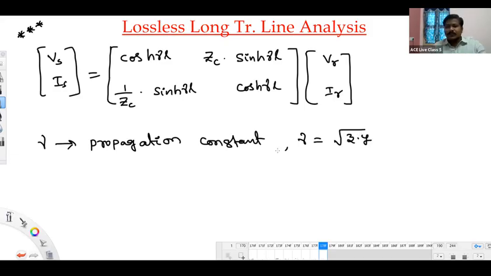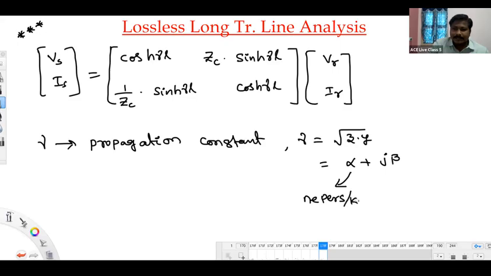We write that square root of z into y as alpha plus j beta, where alpha is in Nepers per kilometer and beta is in radians per kilometer.